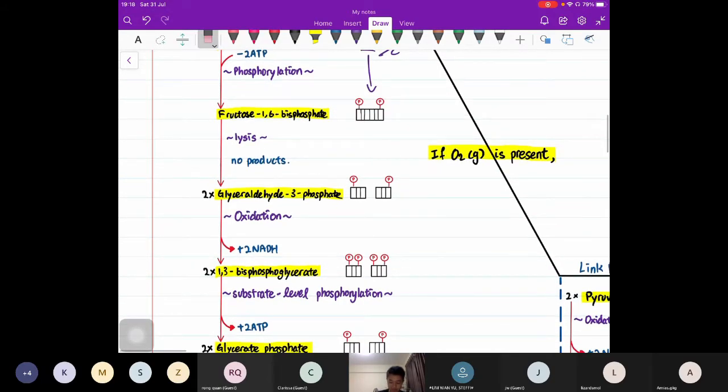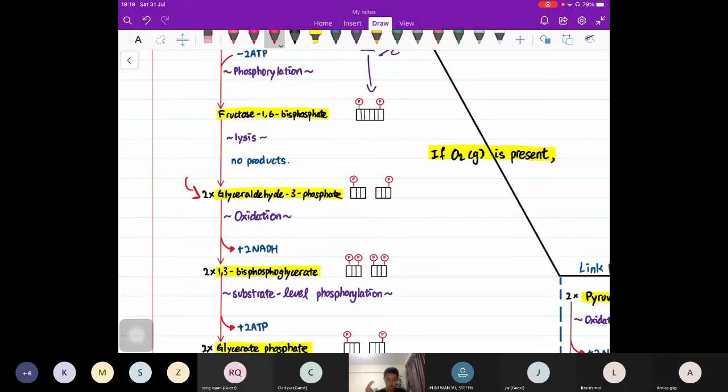Next, we have lysis. Fructose 1,6-bisphosphate lyses to form 2 times glyceraldehyde 3-phosphate. One thing a lot of people forget is that after lysis, they forget to add the 2 times here, so they only leave it as 1. When they calculate the number of products formed, it gets a little messy.